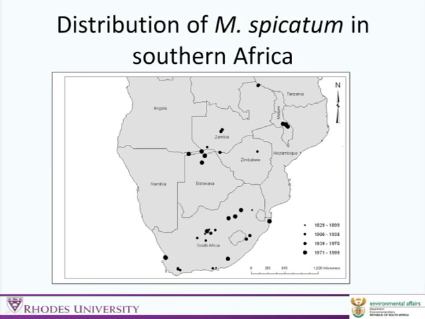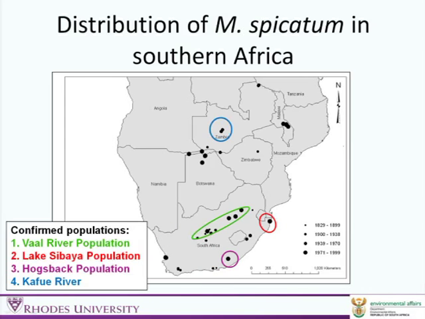So if we consider the distribution, so that's where the first record was in 1829. It's got an incredibly wide distribution. It really seems to have, if it's introduced, it really seems to have spread quite well. But these are the only populations that we have, or living populations that we've been able to confirm. And that's despite several surveys to a lot of these historical sites.